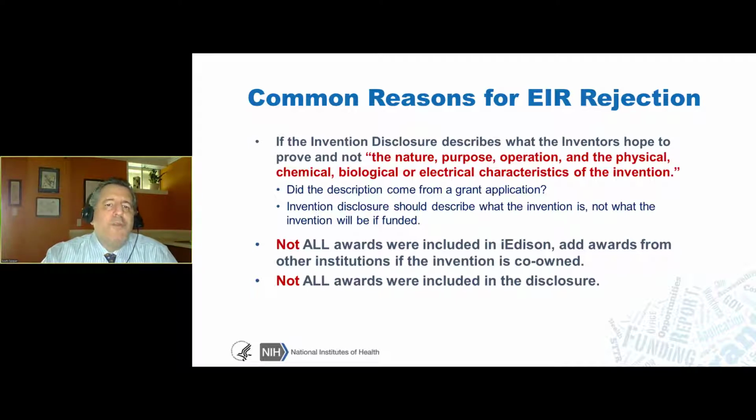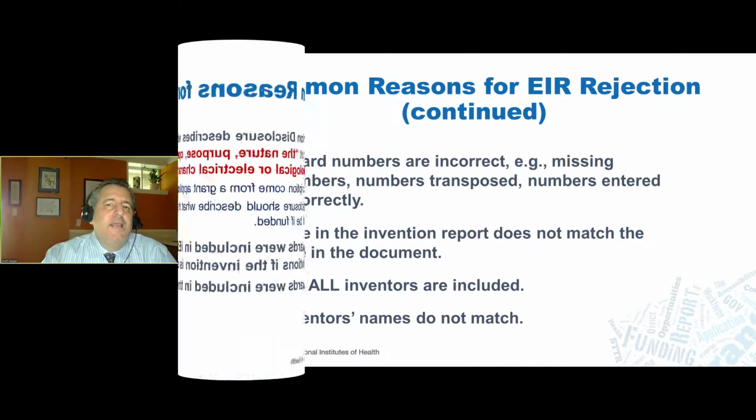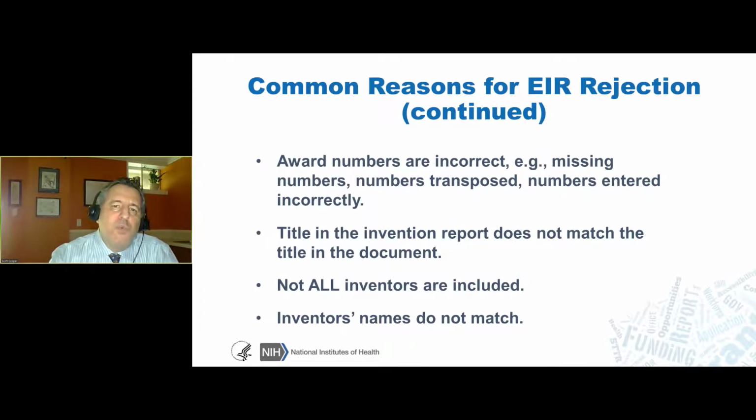Some other common reasons. The award numbers are incorrect. An NIH award number begins with a 2-letter institute code followed by 6 numbers. If you don't include that institute code, or if you only include 5 numbers, or if numbers are transposed, this is a check that we have on the system, and we want to make sure that the grant numbers match.